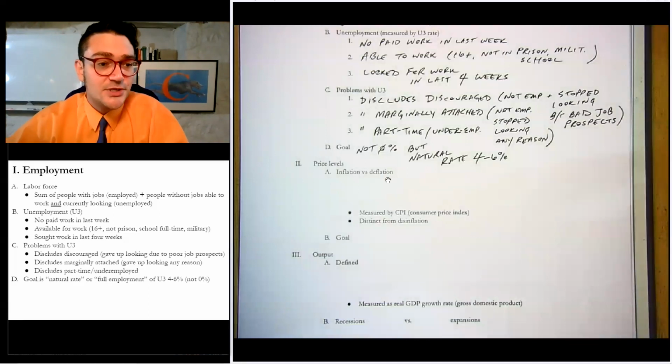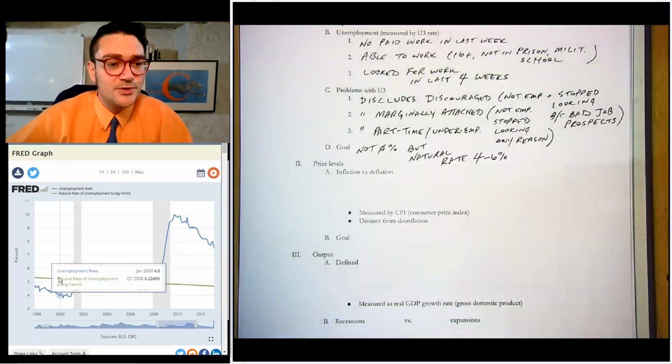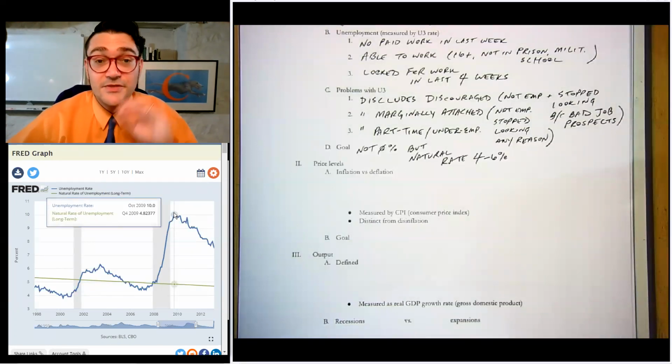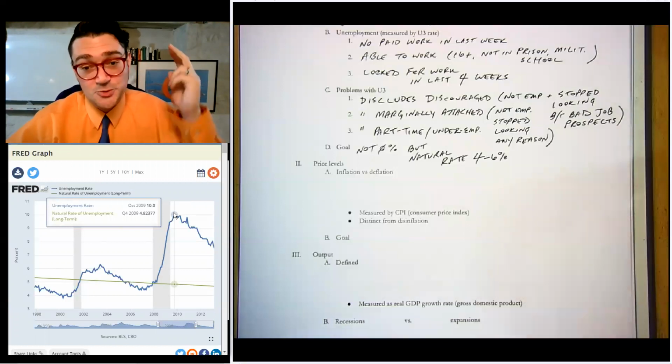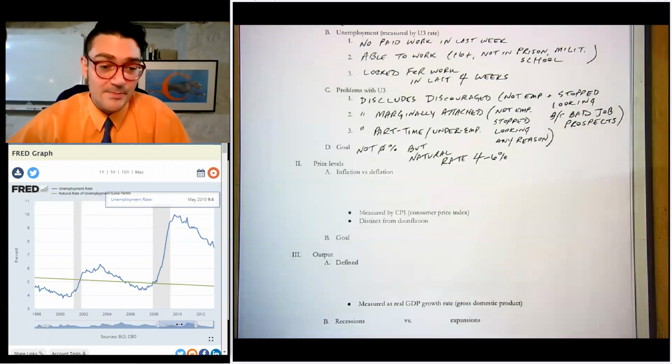So I'll show you, actually, here's a graph showing you what that looks like. So here's the unemployment rate for about a 10, 12-year period. You can see that during the 2008 recession, it got really high. It went all the way up to 10%, the official unemployment rate, right? That doesn't include discouraged workers, marginally attached, or part-time workers. That's a lot of people who are looking for work at one time.